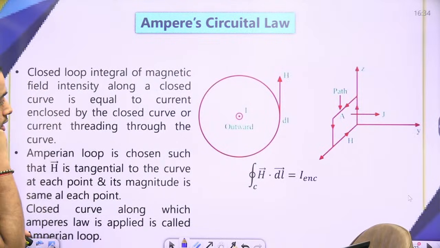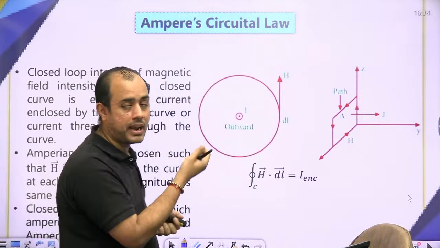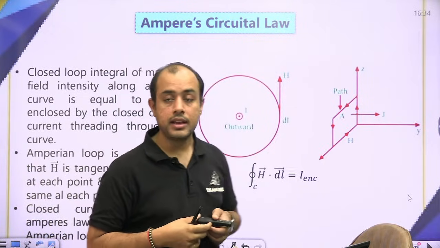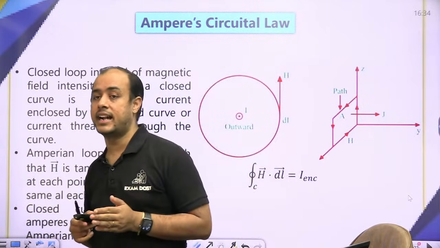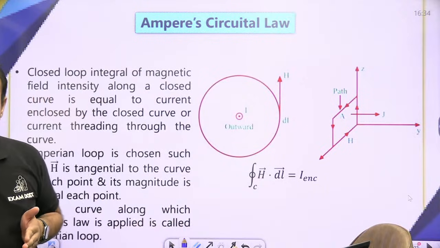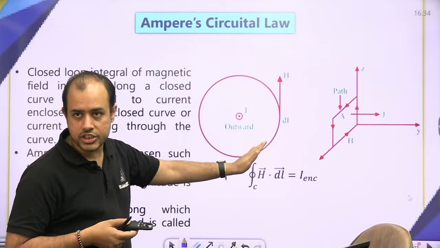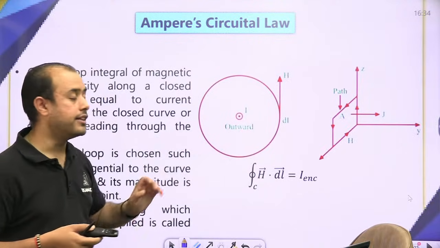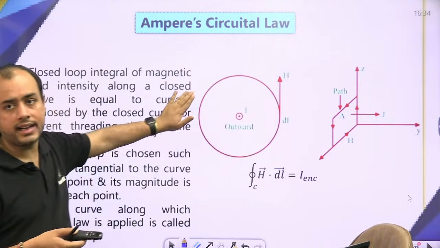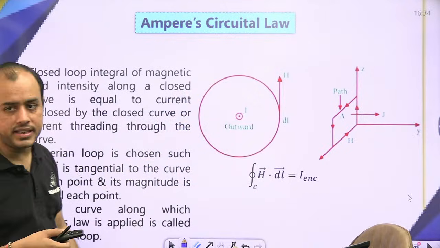The closed curve along which you are applying Ampere's law, you have to choose it such that H should be tangential to the Amperian loop, along the dl direction, and the value of H should be the same at all points on the Amperian loop.